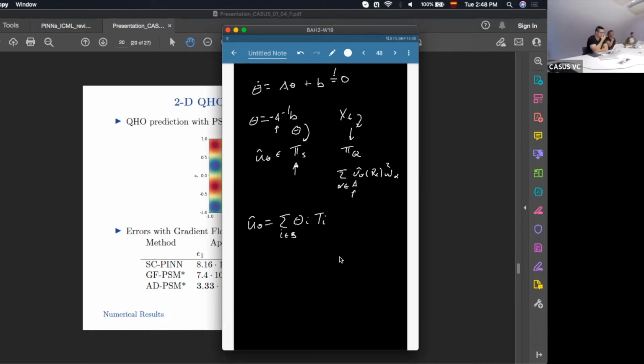A general question: you're checking against regular PINNs. Do you want to compete with regular spectral solvers? Would this method also be even faster than spectral methods?